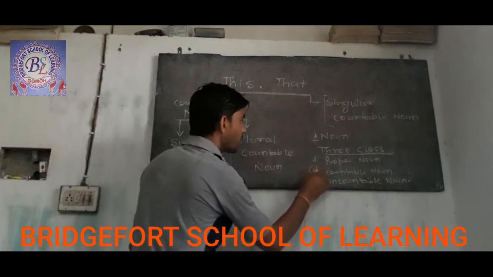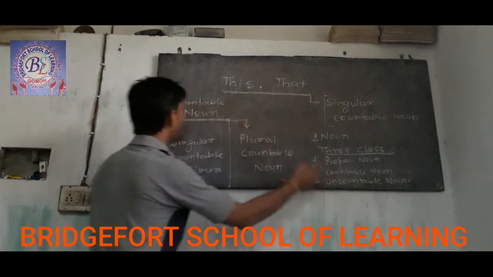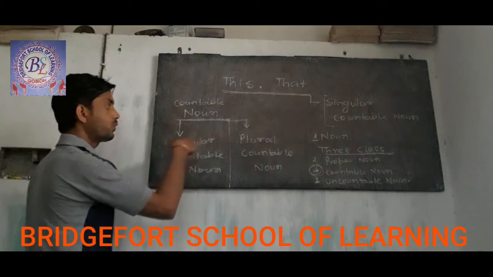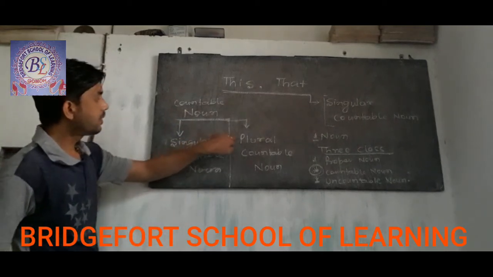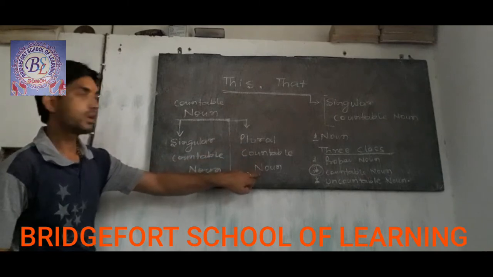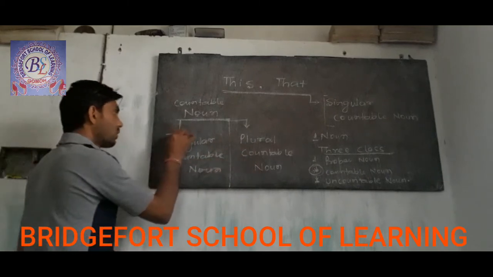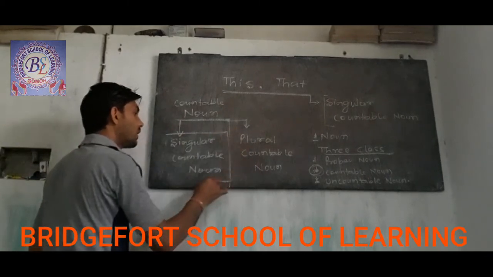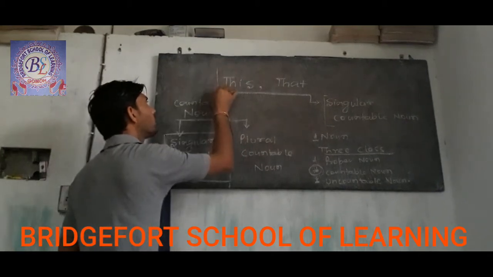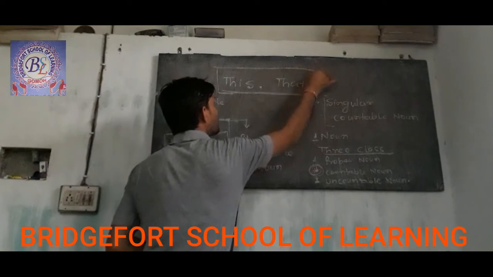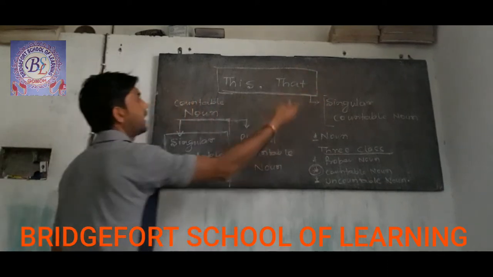So countable noun has two major classes, that is singular countable noun and plural countable noun. First, we will only have to understand about singular countable noun. Singular countable noun depends upon the use of this and that.